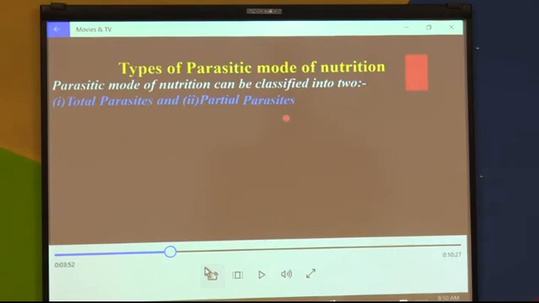And the second type, partial parasites. In partial parasites, what happens? These sometimes have chlorophyll and can prepare their food themselves, but they also grow on another plant and take only those nutrients which are necessary for preparing food and which they cannot make by themselves.